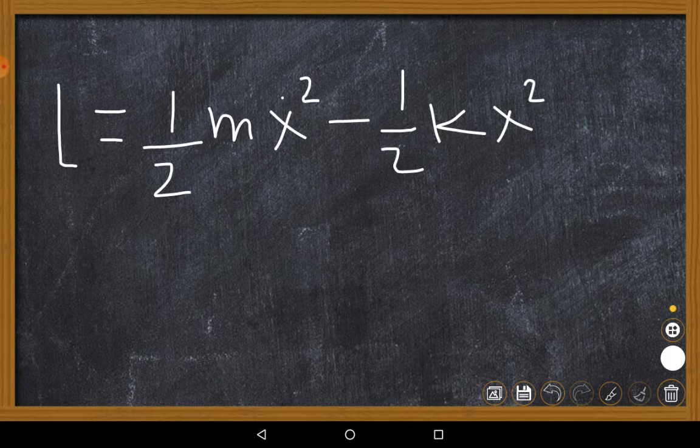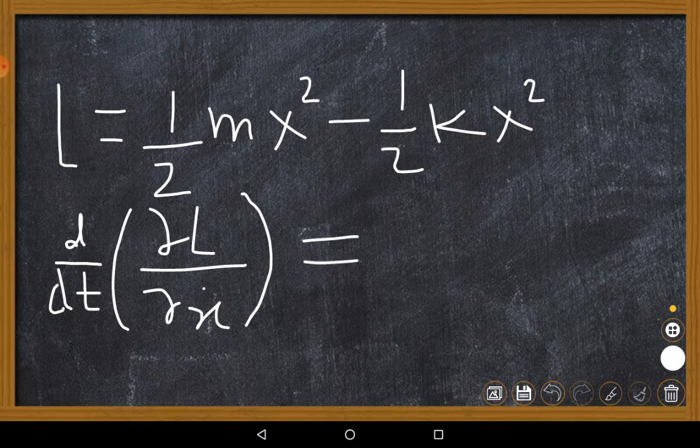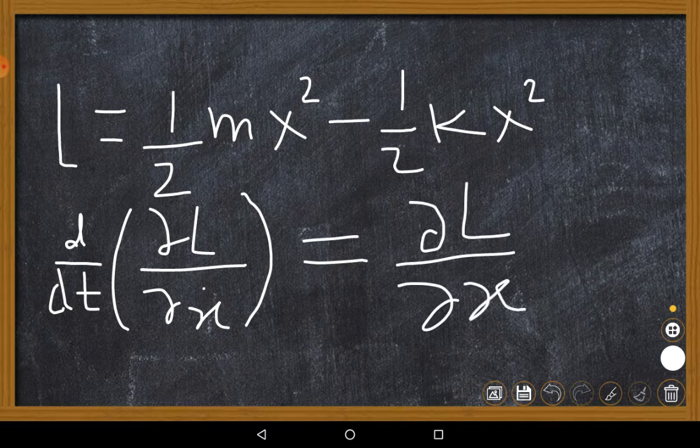Now from Euler-Lagrange you know that d by dt of partial of L with respect to partial of q dot, but here our generalized coordinate is x, so we write x dot, is equal to partial of L with respect to partial of x. x is our generalized coordinate. There I wrote q because it was a generalization at that point. Now we will replace L with this.